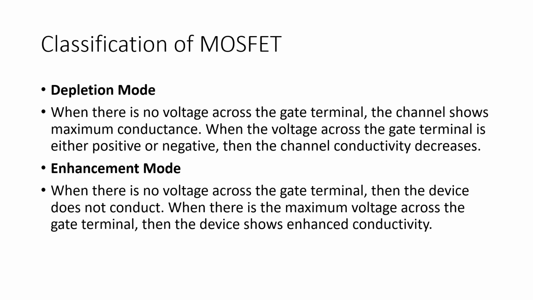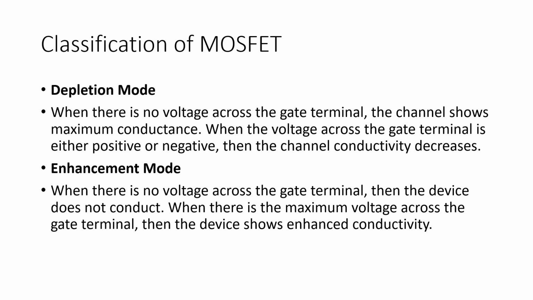Next, classification of MOSFET, as discussed in the previous slide. It is either depletion mode or enhancement mode. So what do we mean by depletion mode? In depletion mode, when there is no voltage across the gate terminal, the channel shows maximum conductance. That means with Vg equal to 0, even if you apply no voltage at the gate terminal, a channel is created which shows the maximum conductance.